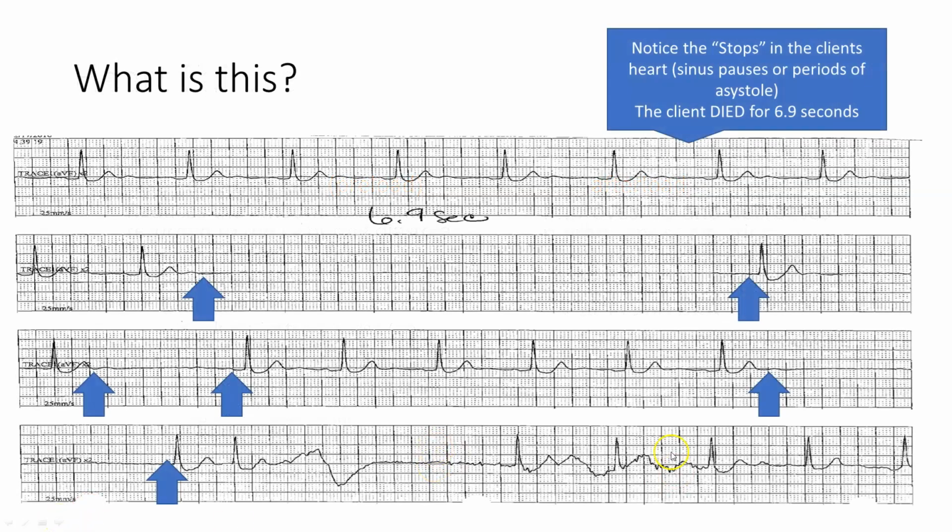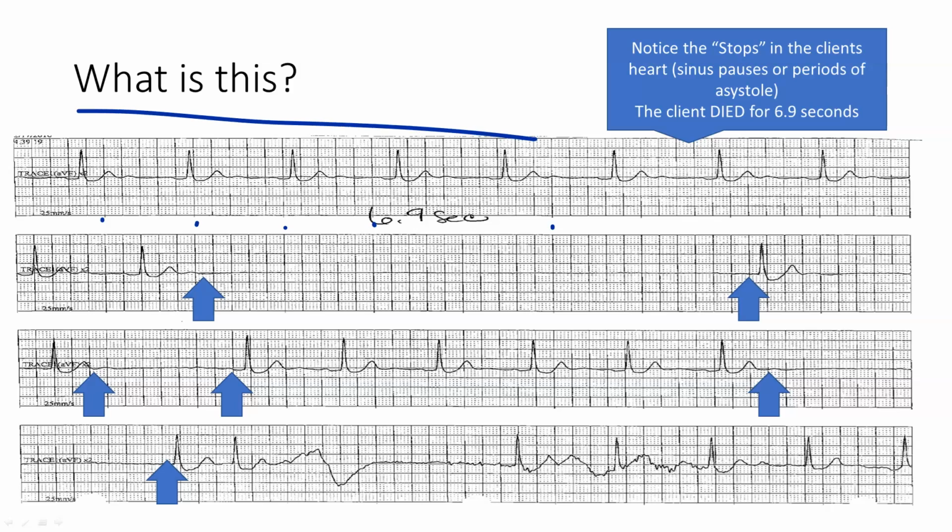So this is a real life client, from 5 years ago. What we see, again, this is not a 30-second strip. Now, I do have my little tick marks down at the bottom, so I can see 5, 10, 15, 20, and then that would be 30.